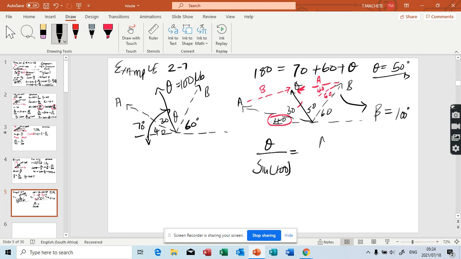Okay, so you're going to say A over sine 50. And then we know Q is equal to 100. So A equals, you're going to have to cross multiply there. 100.